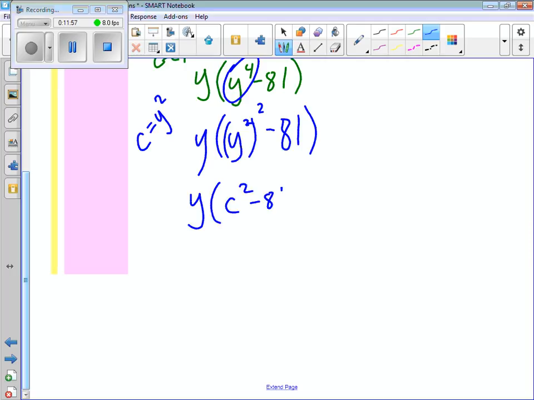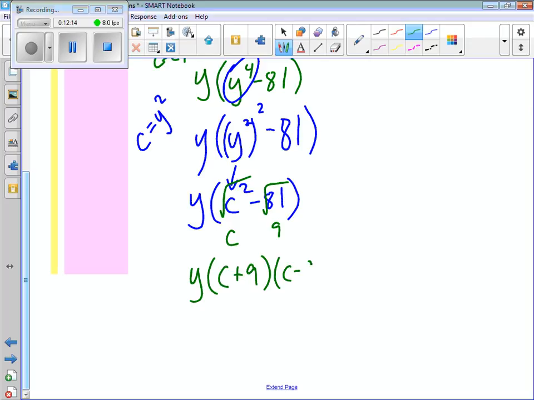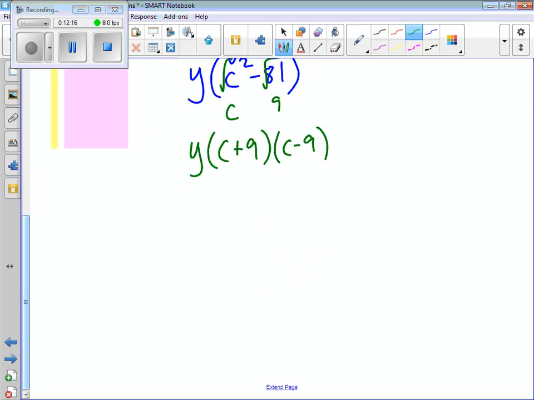Perfect square binomial: square root of the first term, c, square root of the last term is 9. So we have y on the outside, c plus 9, c minus 9. Let's replace it back with y squared. So y squared plus 9, y squared minus 9.